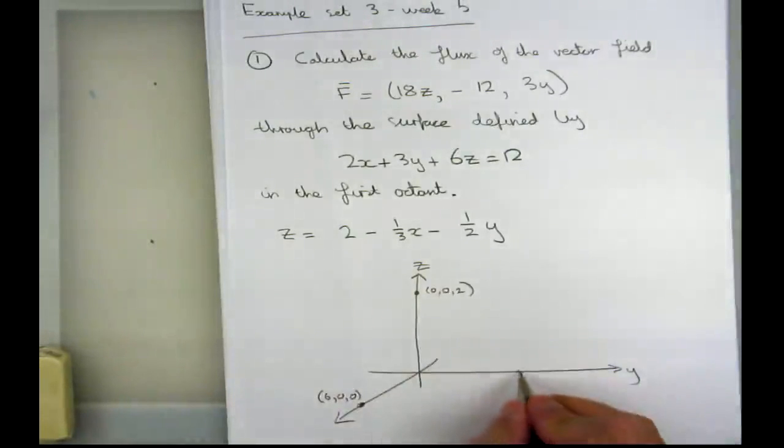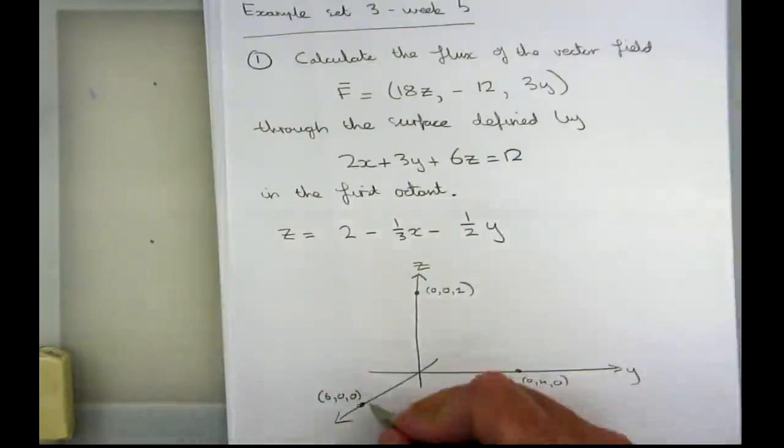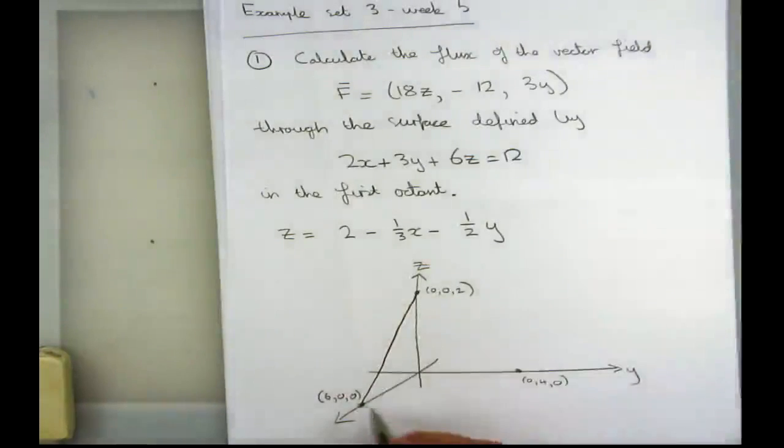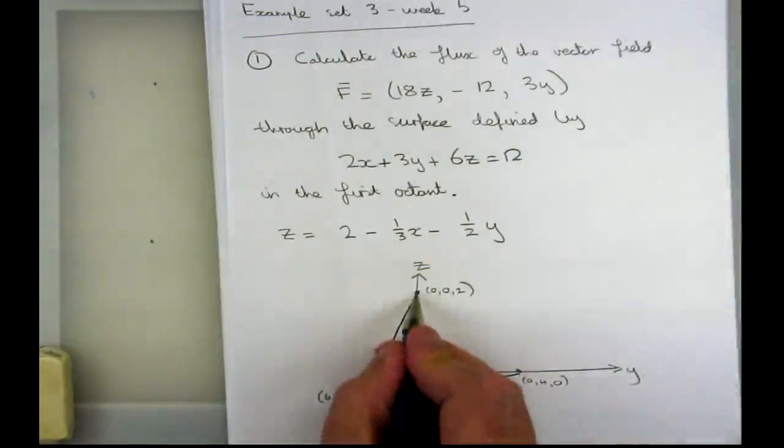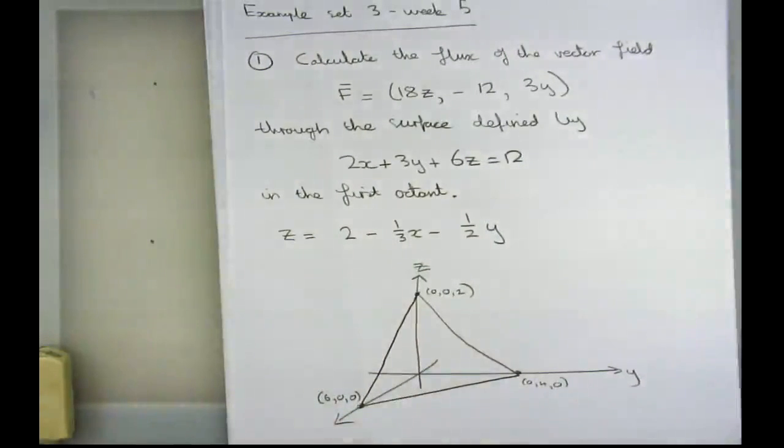And this is 4. All right? So basically, oof, yes, that should be straight. But I want the flux through just this triangle, not the whole solid underneath it. That's what I'm after.